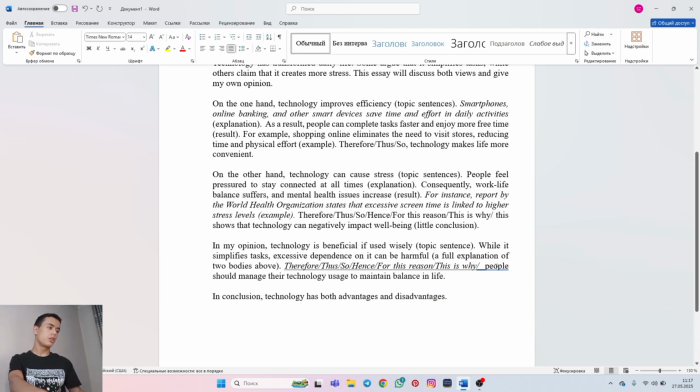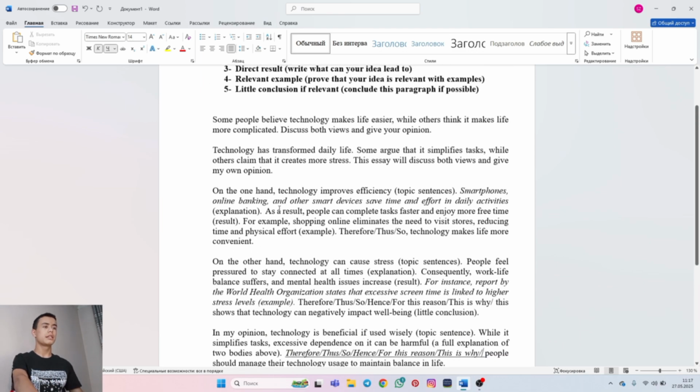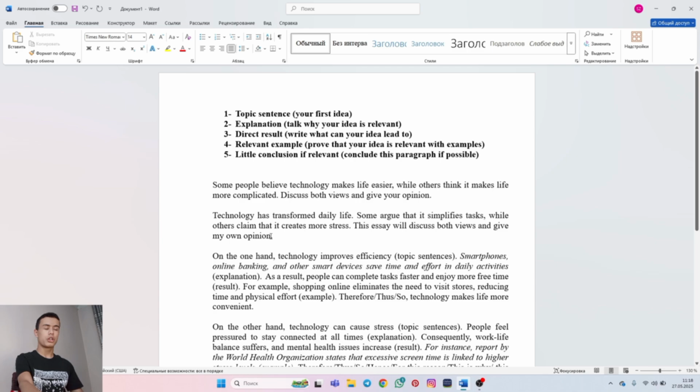Guys, you can easily improve all kinds of words like here, because I'm just writing this with the simplest language. One thing you just have to do in body paragraphs is to give a topic sentence in the first line of your body. You don't have to talk like this: on the one hand, technology has lots of advantages.